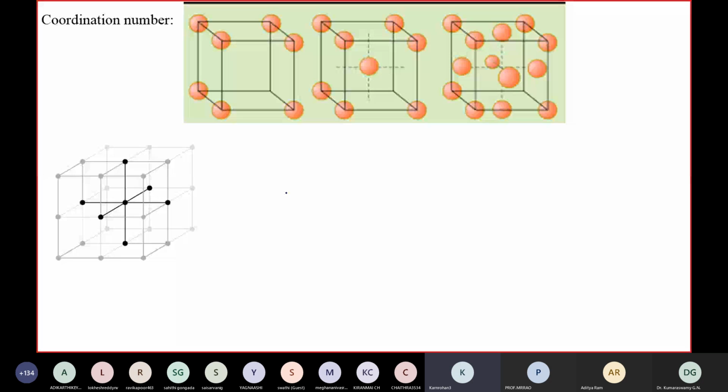Write it down. Sir, what did you say after "while"? Well within a crystal. Repeat that point again. Okay. It is the number of nearest neighbors directly surrounding a given atom well within a crystal.